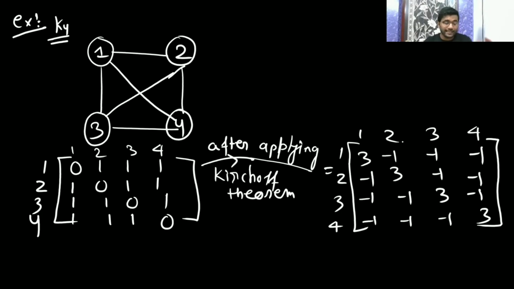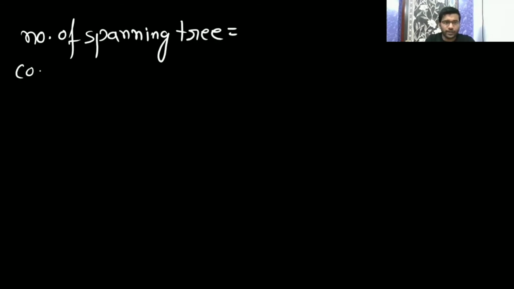So we have taken many different kinds of graph, and we have seen that Kirchhoff theorem is giving a correct answer to find the number of spanning trees. Okay, so now the number of spanning trees is going to be the cofactor of any element.